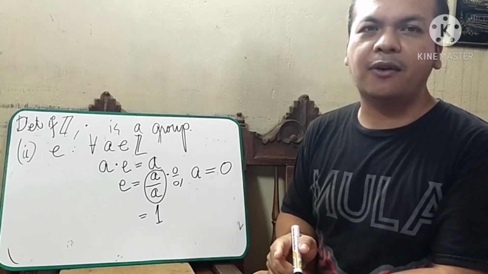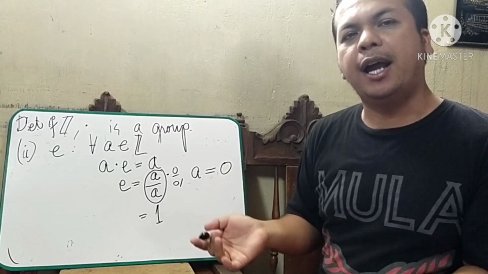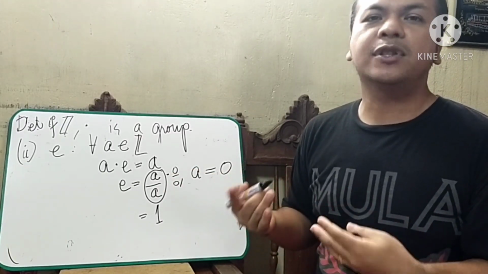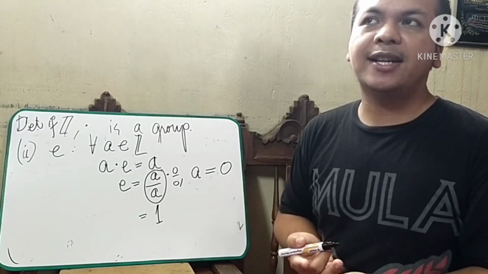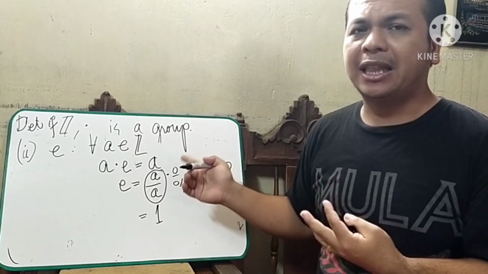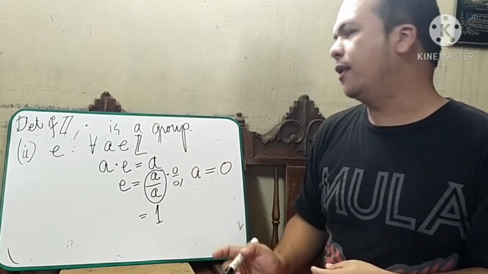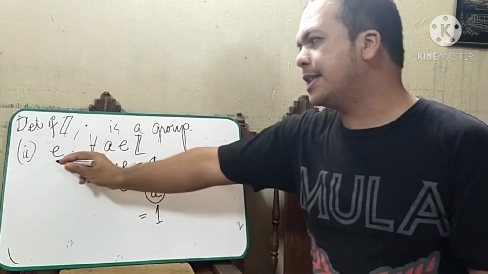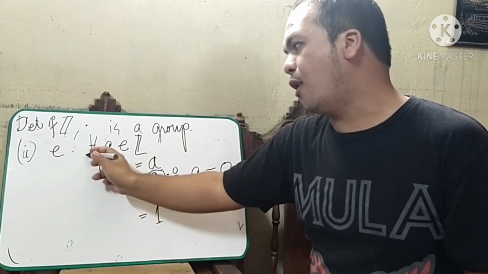It's a non-zero integer. Pwedeng negative 1, so we have negative 1 over negative 1. Pwedeng 5, so we have 5 over 5. Pwedeng negative 3, that's negative 3 over negative 3, but not 0 over 0. Therefore, sabi kasi ng existence ng identity element, for all.